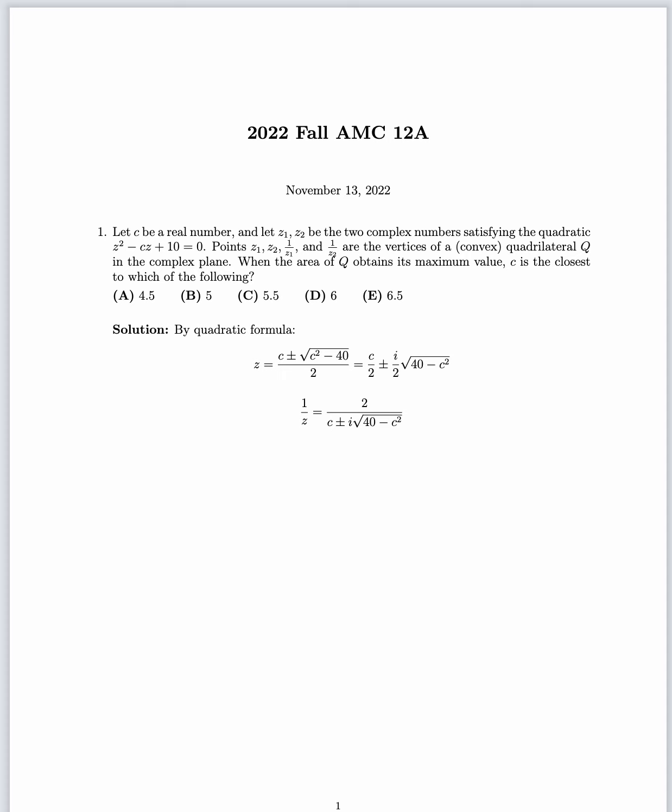And now in the bottom, we're going to do difference of squares, right? We get c squared plus c squared minus 40. Sorry, I didn't close the parentheses in the top. And this can be simplified as c squared minus 20, and we can get rid of the 2 on the top side.